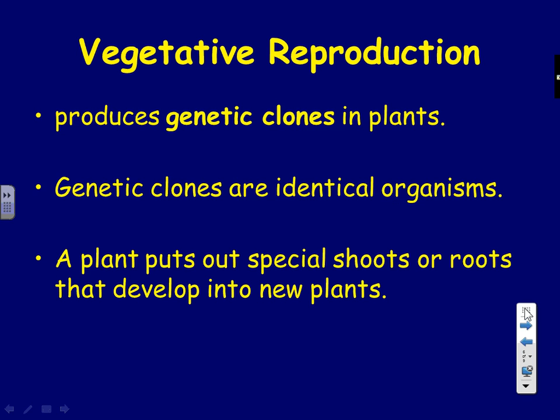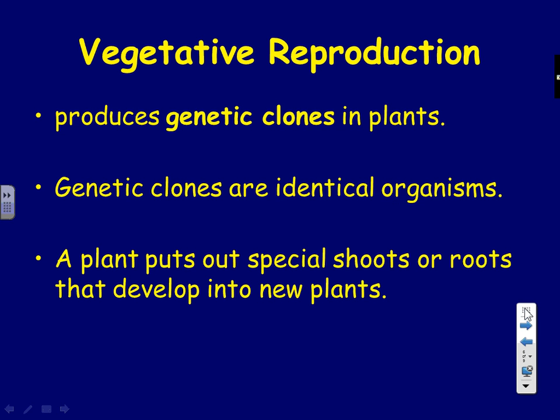Strawberries will send off shoots or runners, and a new strawberry plant will attach to the ground. They'll send out a little bit of a stem that then produces a new strawberry plant. And that new plant is identical to the previous plant in terms of genetics.